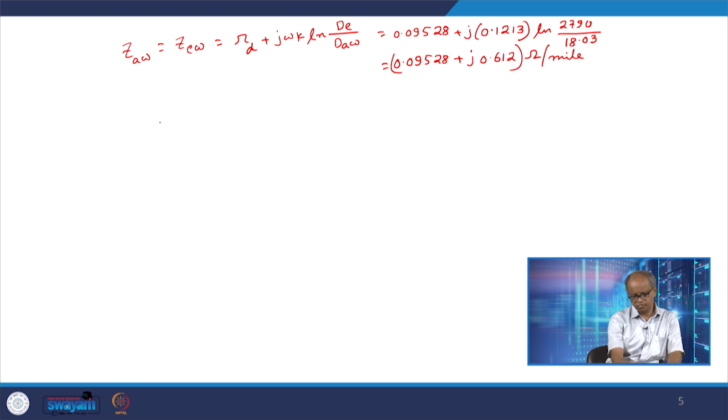So for 40 miles, Z turns out to be 3.812 plus j 24.